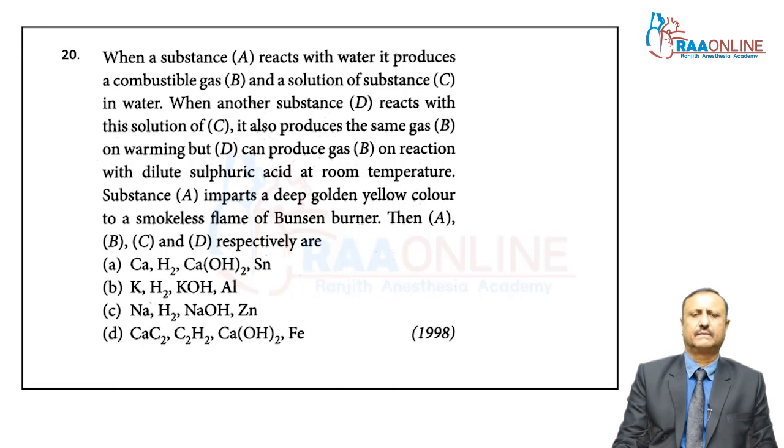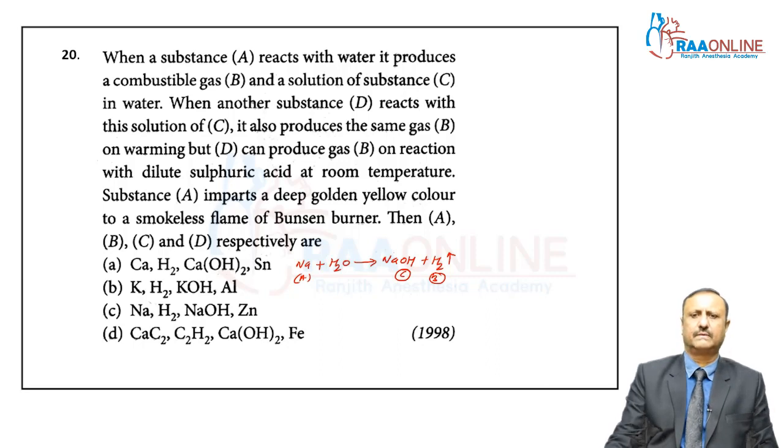When a substance A reacts with water, it produces a combustible gas B and a solution of substance C in water. When another substance D reacts with the solution of C, it also produces the same gas B on warming, but D can produce gas B on reaction with dilute sulfuric acid. Now my dear students, substance A is sodium. When sodium reacts with water, it forms NaOH, and hydrogen is liberated, and this hydrogen is the combustible gas B. And the solution of substance C in water.